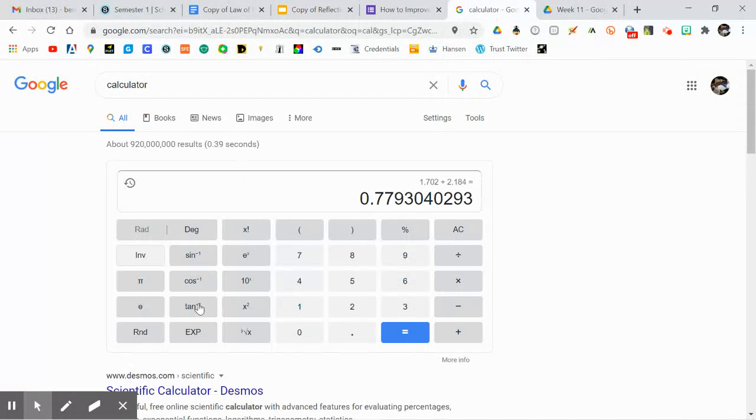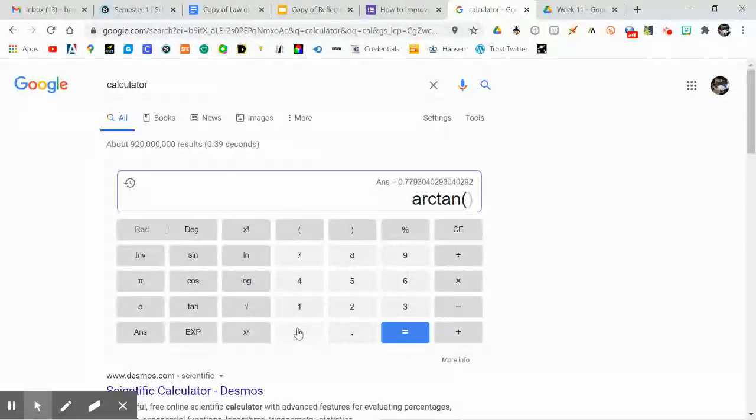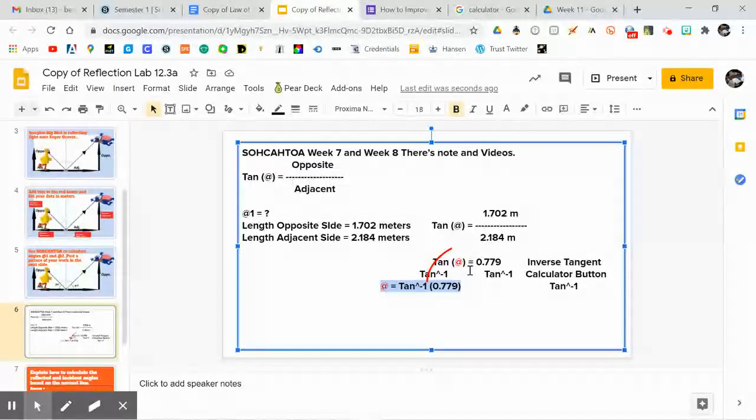So that's my inverse of 0.779, and I get 37.919. Okay, which could be just 37.92, in other words.